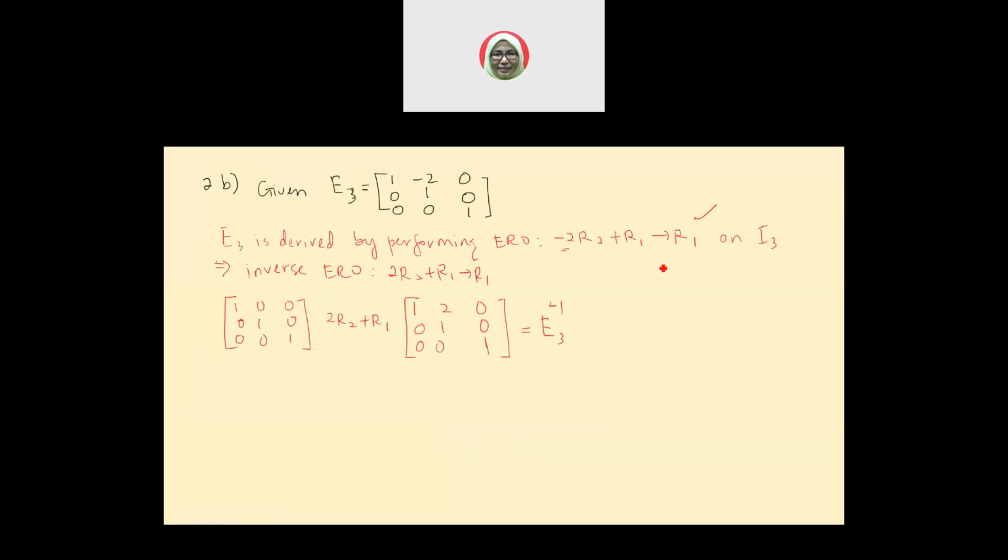Now this is negative 2R2, right? For addition, the negative number changes to positive. So 2R2 plus R1 changes in R1. Then we can use this inverse row operation on the 3 by 3 identity matrix to get E3 inverse.